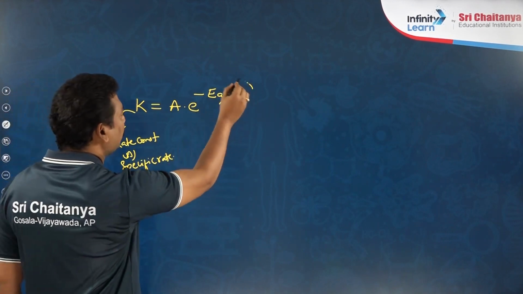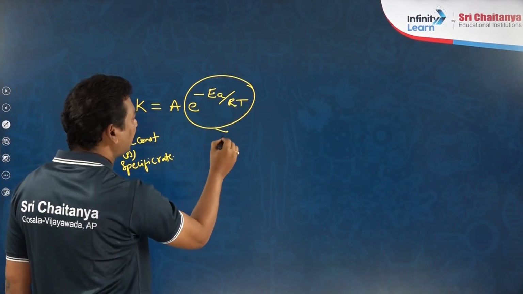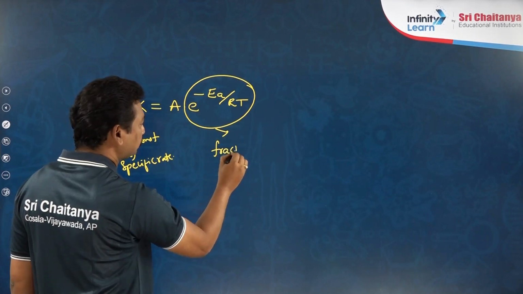And e power minus EA by RT denotes the fraction of effective collisions.